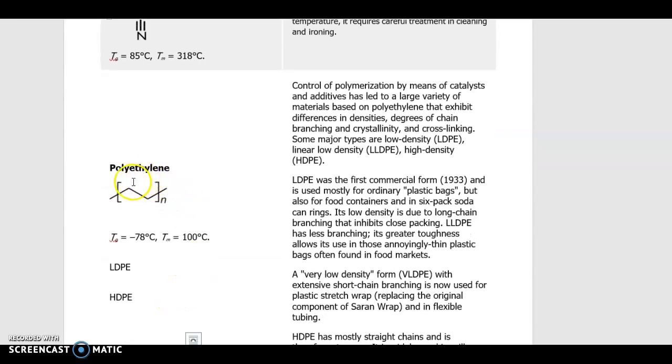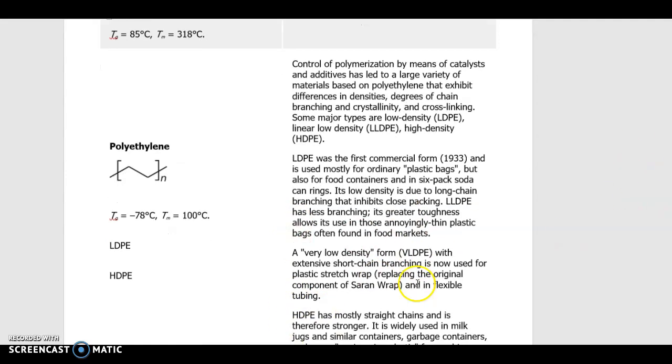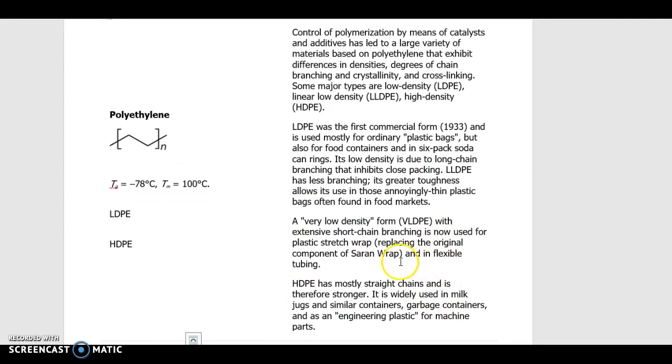If you see polyethylene, for example, the next chain of polyethylene can easily pack right underneath of it. So they can get pretty close. You can make it very low density, so you could actually add branches and make it stick off and down to make things like saran wrap to prevent it from packing.